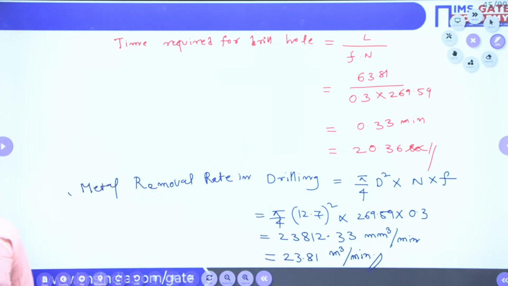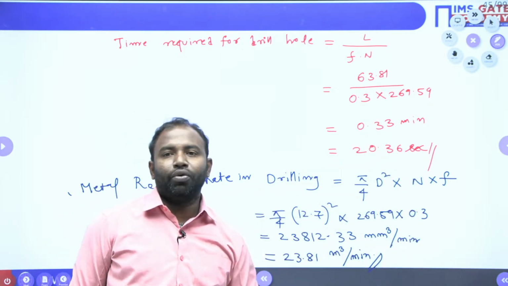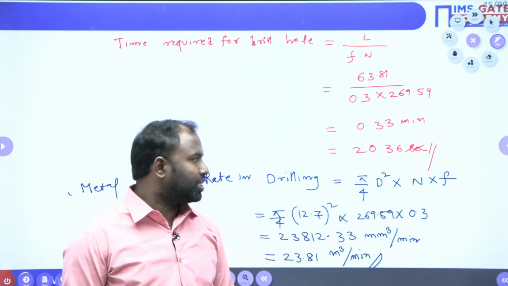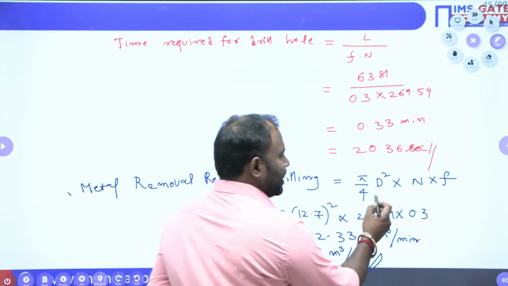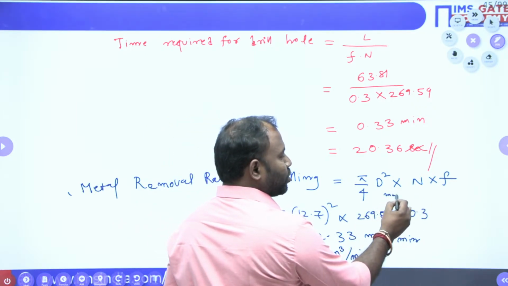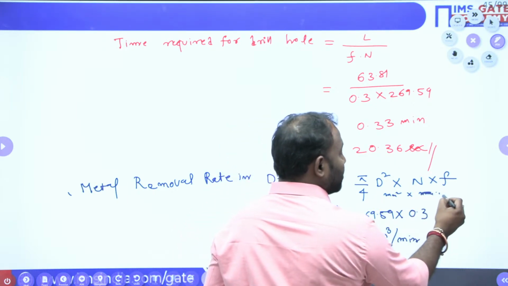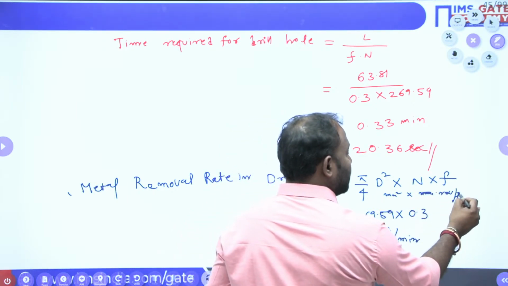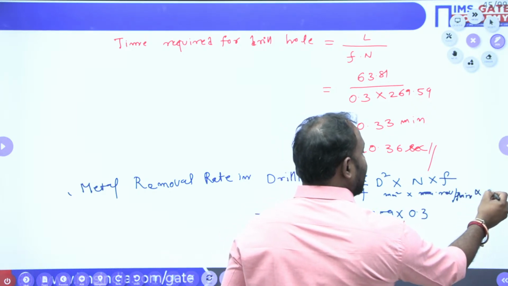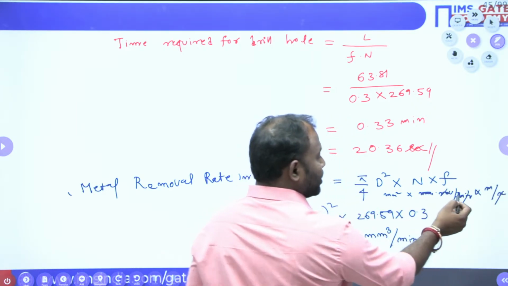Metal removal rate is nothing but area into speed into feed. So that you are going to get metal removal rate in drilling operation. Area is mm square, na? It is mm square. Feed is mm per revolution, and speed is revolution per minute. Revolution will get cancelled.